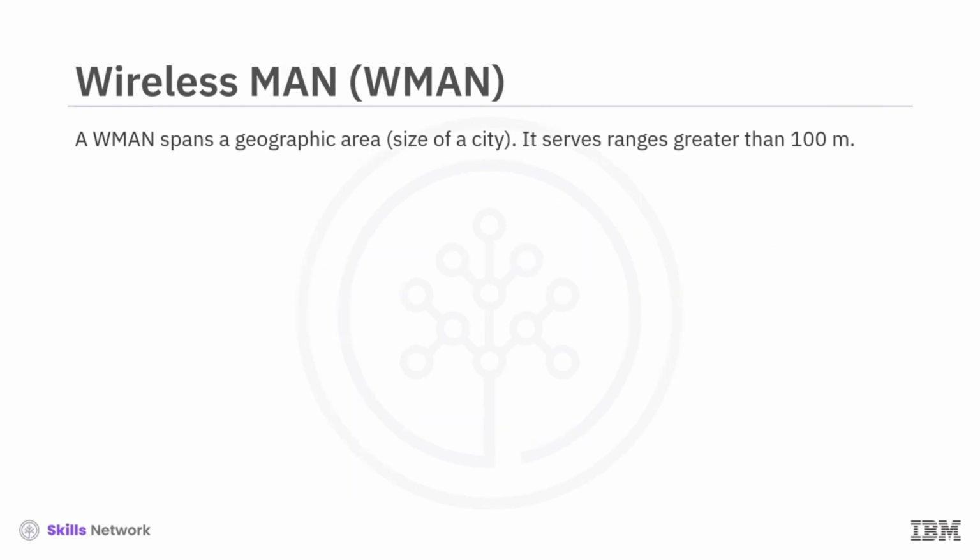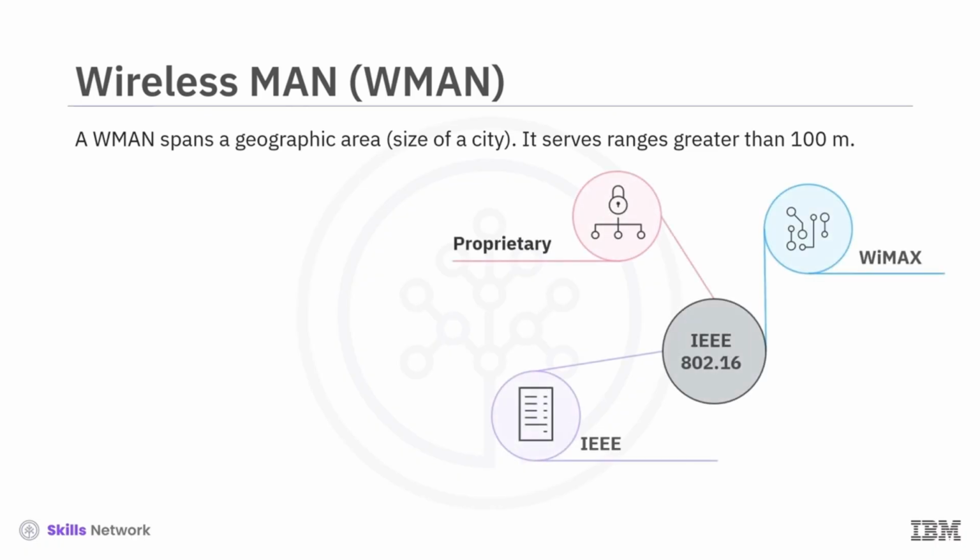A WMAN spans a geographic area. It serves ranges greater than 100 meters. Worldwide Interoperability for Microwave Access, or WiMAX, is a family of wireless communication standards that provide WMAN broadband connectivity. There are similar open-source and proprietary broadband technologies, but WiMAX is the accepted suite of standards based on IEEE 802.16.